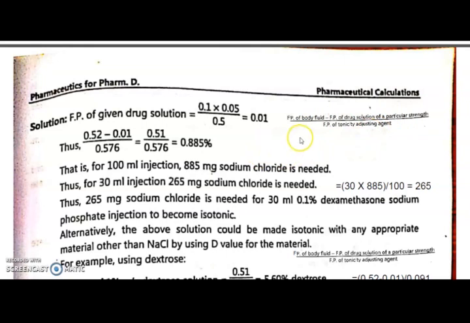By putting the values in the above mentioned equation, we get 0.52 minus 0.01 divided by 0.576, that gives 0.885 percentage, which means we have to add 0.885 percentage weight by volume sodium chloride to make 0.1 percentage weight by volume dexamethasone sodium phosphate isotonic with body fluid, which also means that for 100 ml of injection 885 mg sodium chloride is needed.